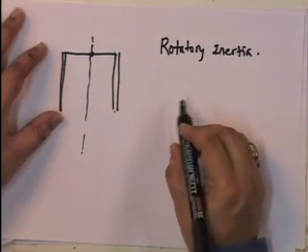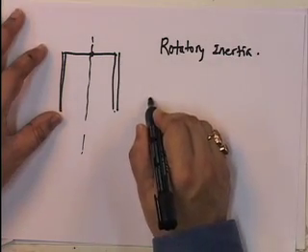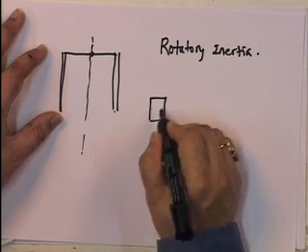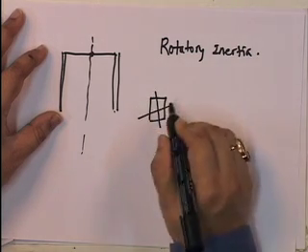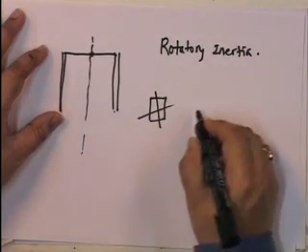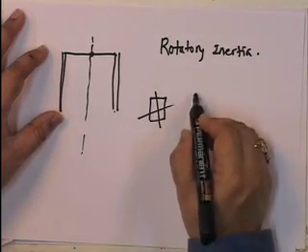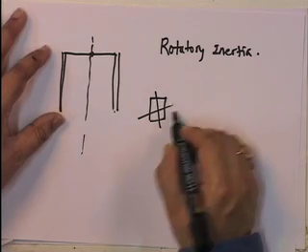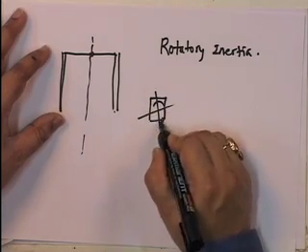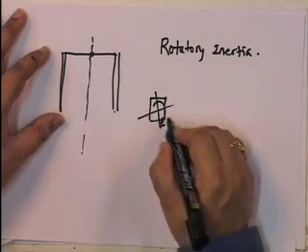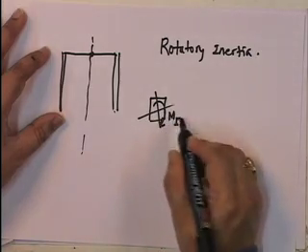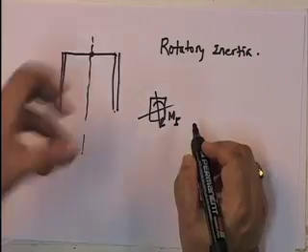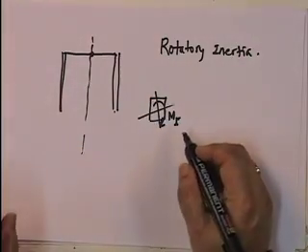Rotatory inertia is one in which, if a cross section rotates in this direction, there is a moment of inertia set up.